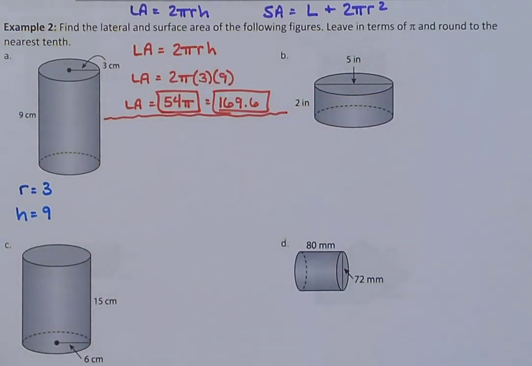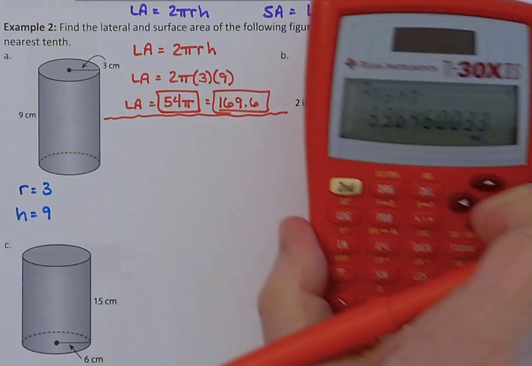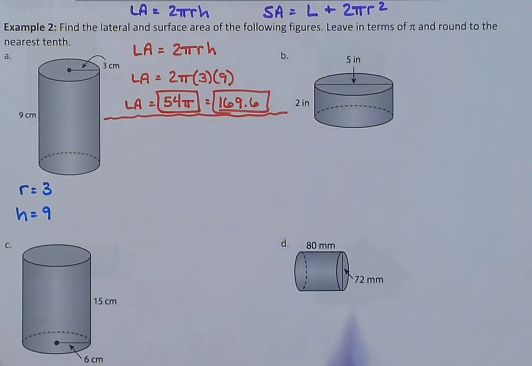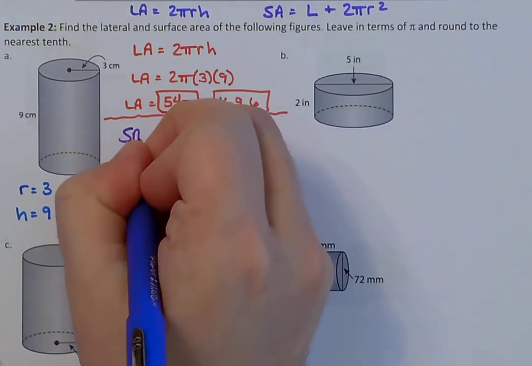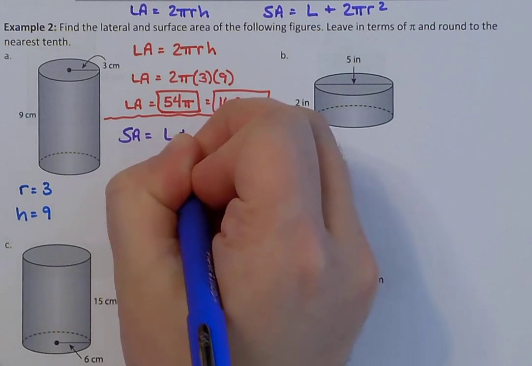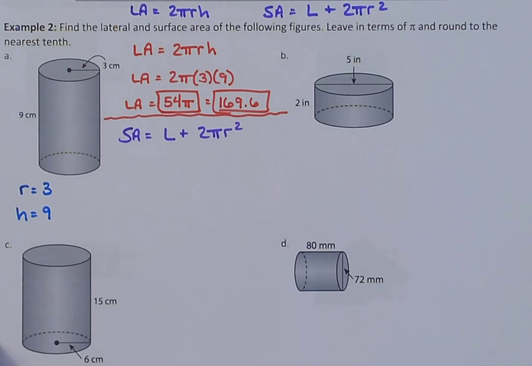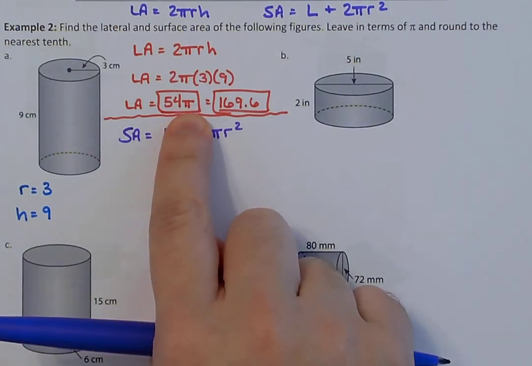Now that we have our lateral area, we can go through and figure out our surface area. Now, surface area is the lateral area plus 2 pi r squared. We know our lateral area to be 54 pi.